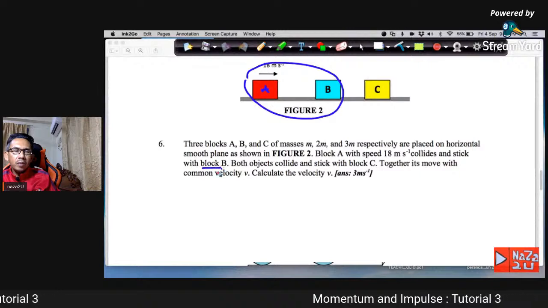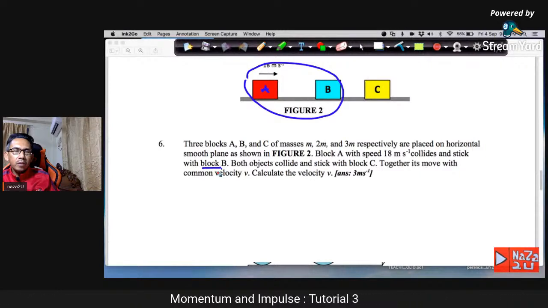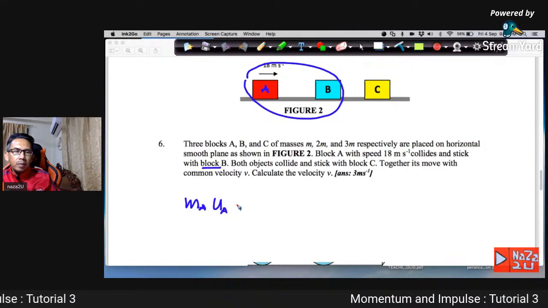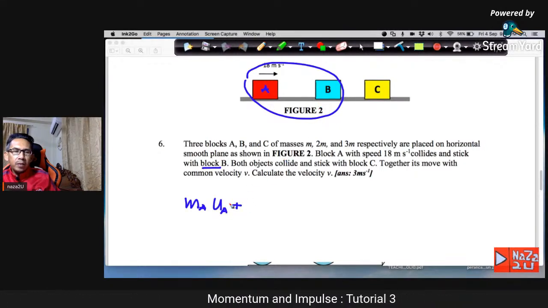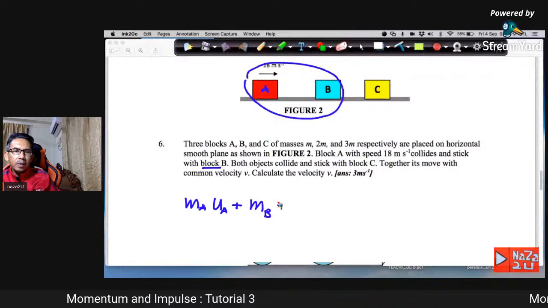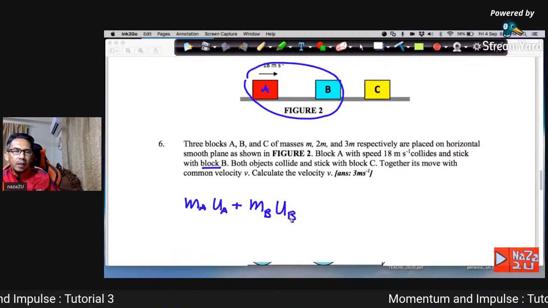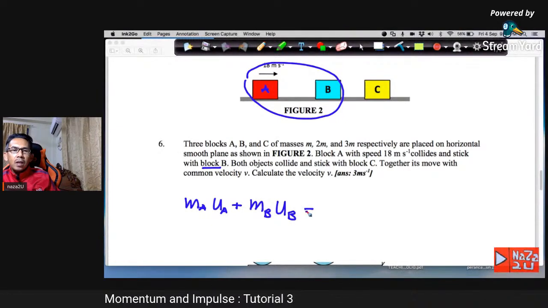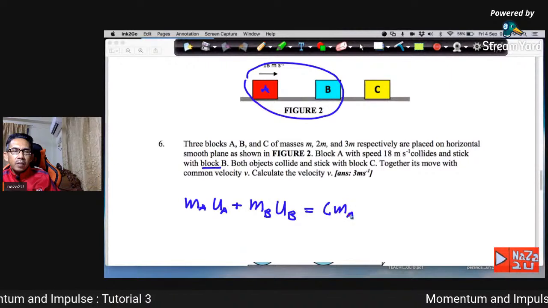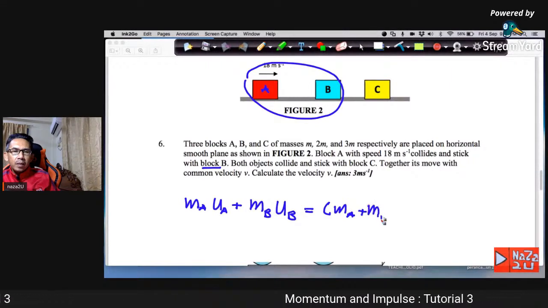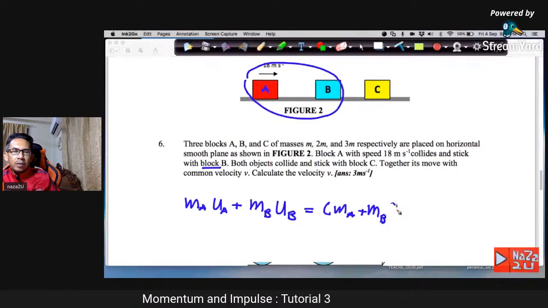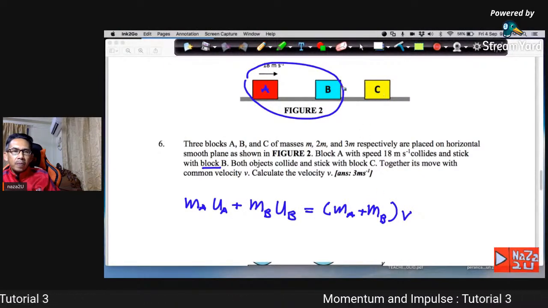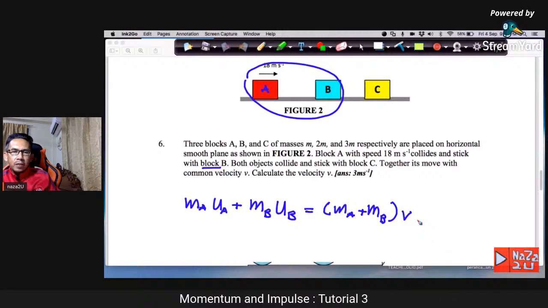So we have M_A U_A plus M_B U_B, and after the collision between A and B the objects stick together, so we have (M_A plus M_B) V before colliding with block C. So now you can find the V here first.